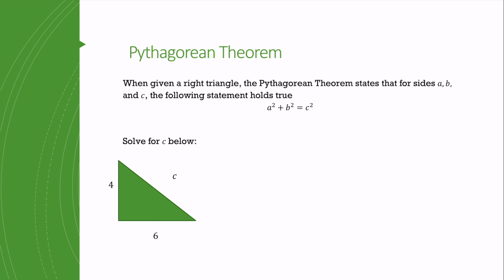So the Pythagorean theorem says if I have a squared plus b squared equals c squared, that's going to always hold true for a right triangle, where c is the longest side. This is also called the hypotenuse. Spelling is questionable, right? But we call it the hypotenuse.